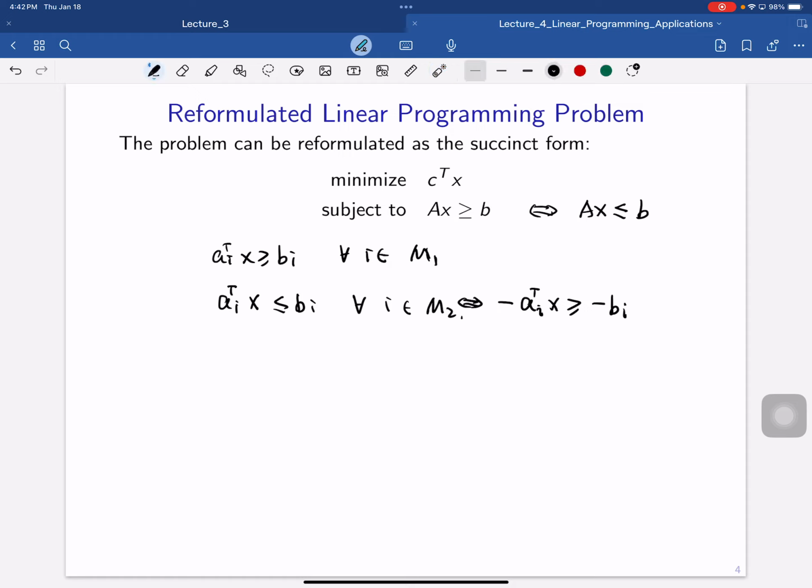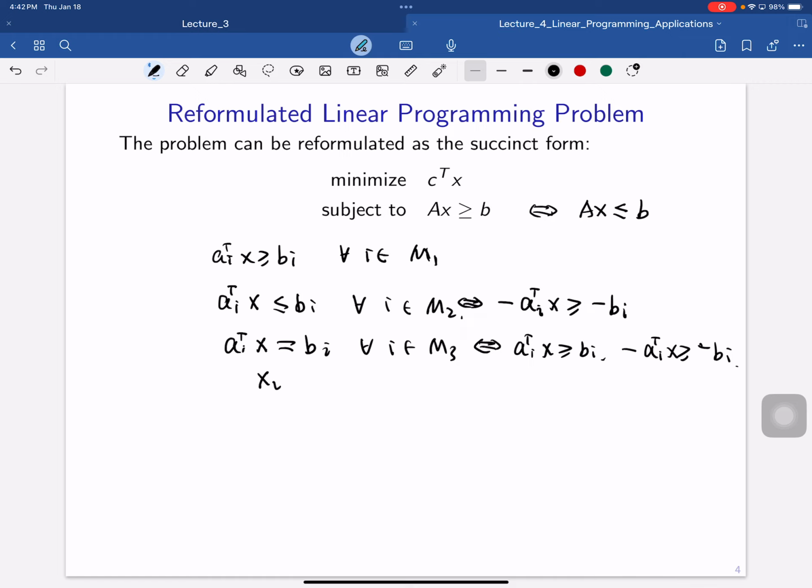And there are some equality constraints as well. So we have a_i transpose x equal to b_i for all i in M3. For this equality constraint, you can also convert it to greater than or equal to form, since an equality is just one greater than or equal to constraint and one less than or equal to constraint. So this will be equivalent to having this constraint and also this constraint hold together. And then we have some variable bounds.